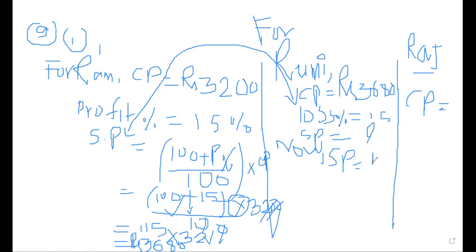Can you find the selling price of Rumi by using the formula? What is the formula there? 100 plus or 100 minus? There is a loss, so 100 minus loss percent upon 100 into CP.